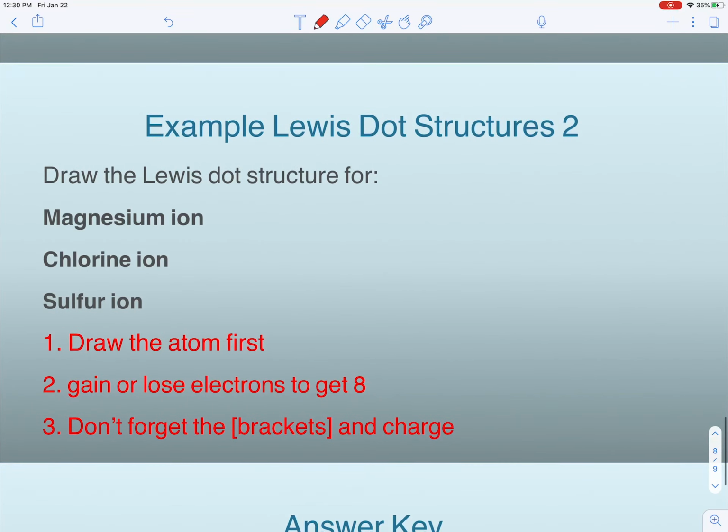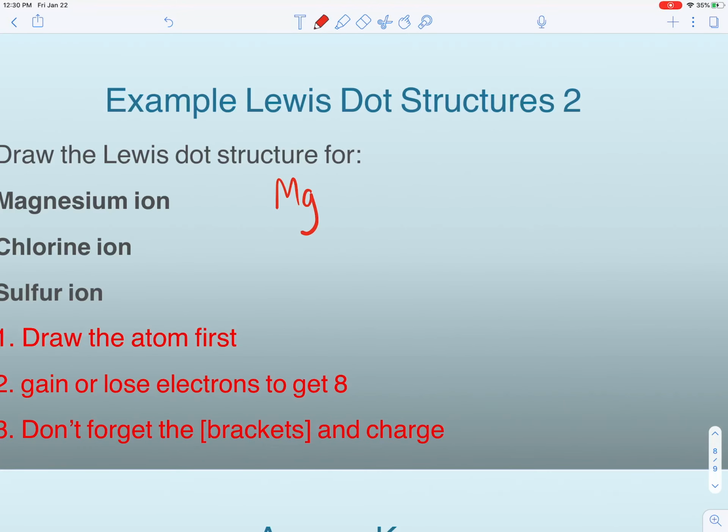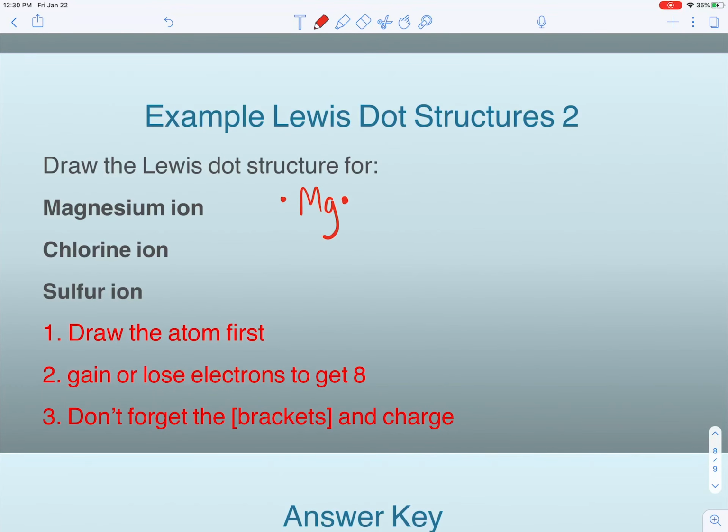All right, a few more examples here for you to try yourself. I will do 2 of them. I'll do magnesium and sulfur. For magnesium, again, find it on the periodic table. You'll see that it's in group 2, so it's got 2 valence electrons. 1, 2. That's the atom first. Does it want to gain or lose electrons to get to 8?